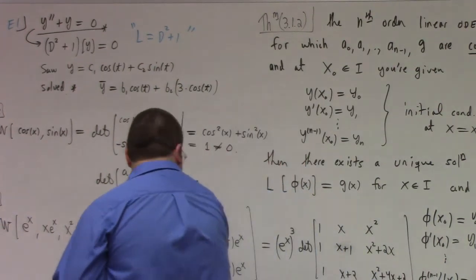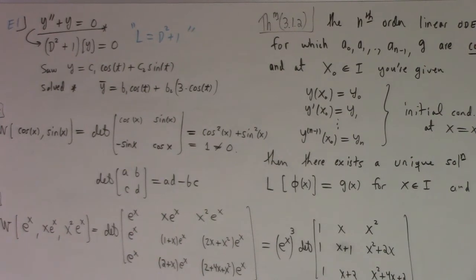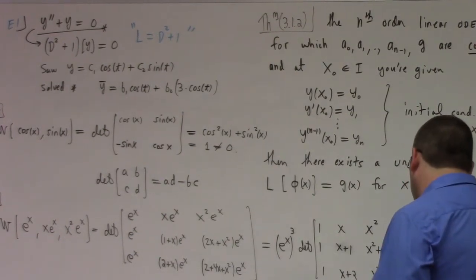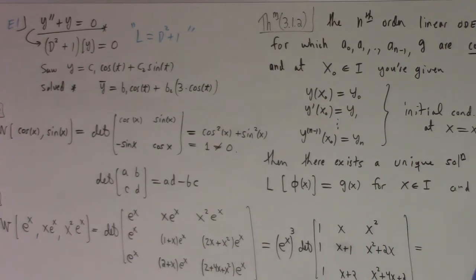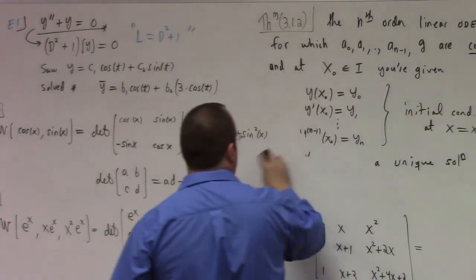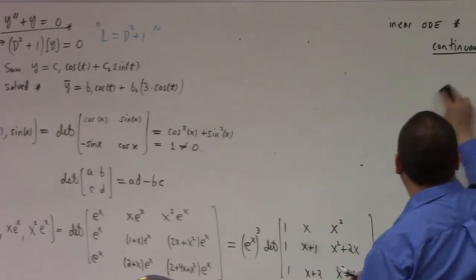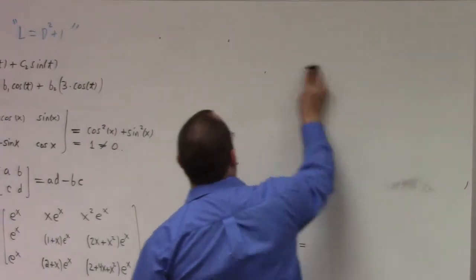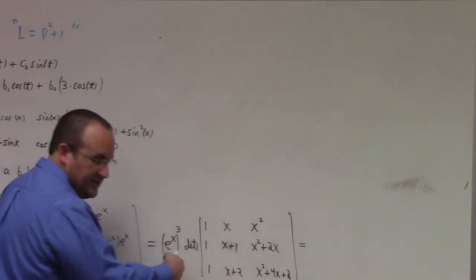All right, at this point, I can do it, I guess. If you don't mind, I'm going to work up here. So do you guys know how to take a determinant of a 3 by 3?